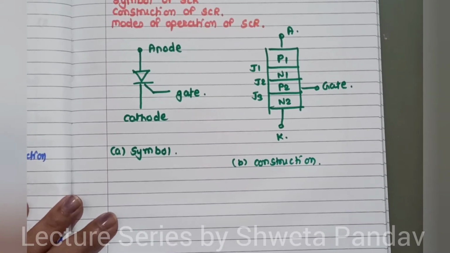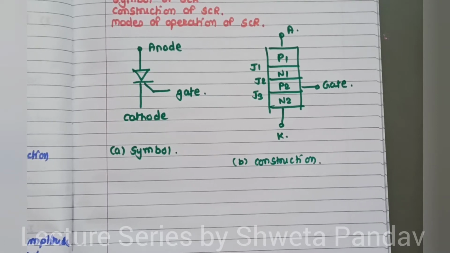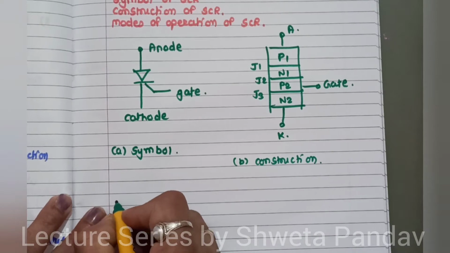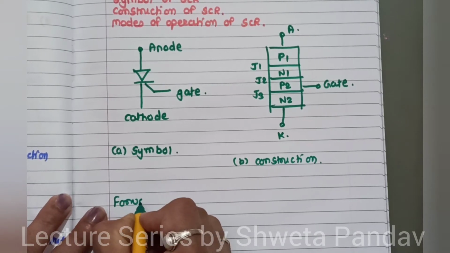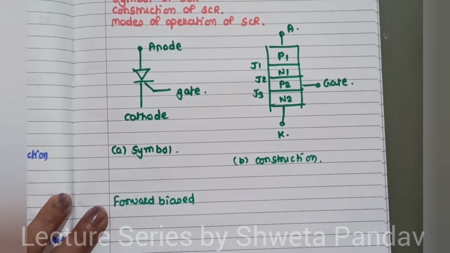Depending on whether the anode is connected to the positive terminal or the cathode is connected to the positive terminal, it works in 2 different biasing conditions. Either the SCR is forward biased or the SCR is reverse biased.